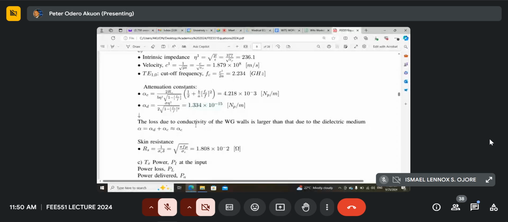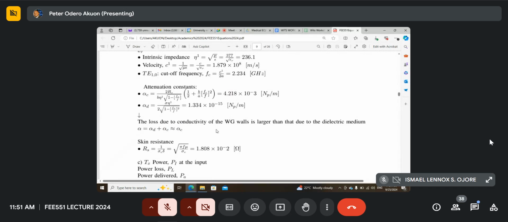So the loss due to conductivity of the waveguide walls is larger than that due to the dielectric medium. Even if you were to add these two values, it would still look like just the first one due to the conductor. So it's approximately equal to just the conductor loss. And we had declared that dielectric to be lossless due to the loss tangent.